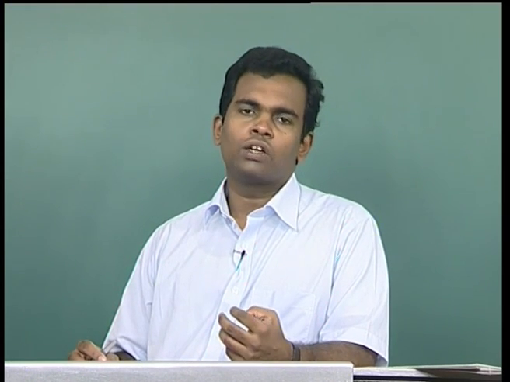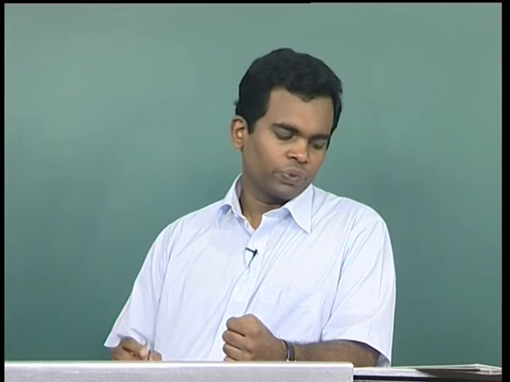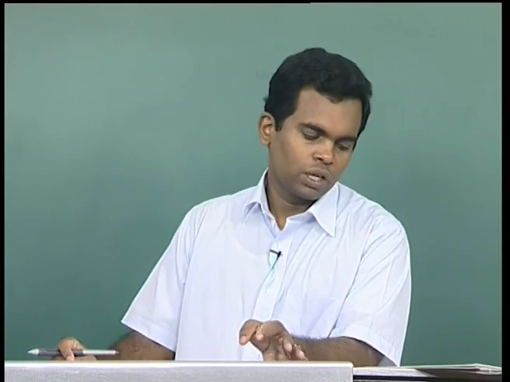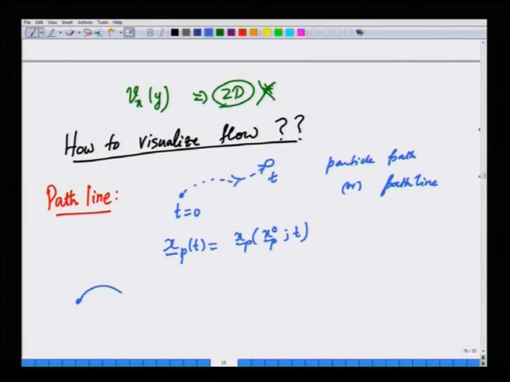The puff of smoke will serve as the identity of the particle which was at a location at time t equal to 0, and assuming that the smoke does not diffuse too much within the time scales of interest, you can visualize this motion of a fluid particle from time t equal to 0 to time t. This is called the path line.